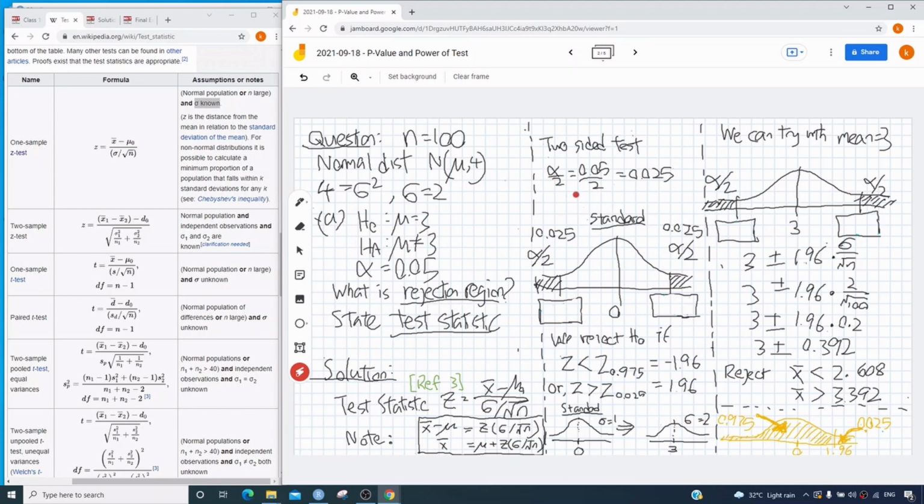I would like to mention that this is a two-sided test. So the alpha given was 0.05, but to get the critical values of each side, we need to divide alpha by 2. So we get 0.025 each.